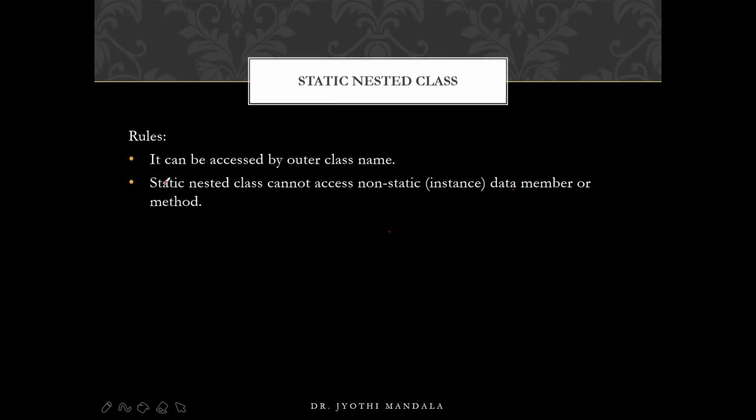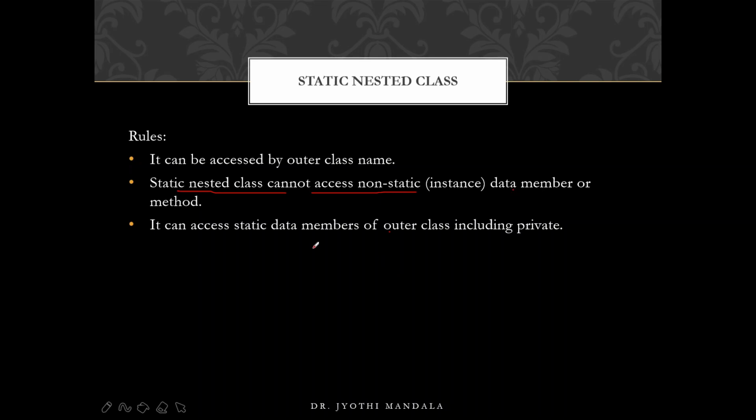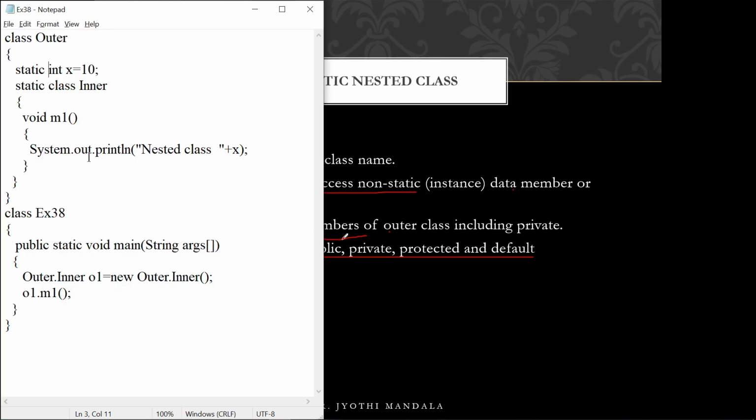Right? So that is the second rule. A static nested class cannot access non-static instance variables or methods of your outer class. That means it can access only static members of your outer class. And one more thing, a static inner class can be public, private, protected and default. I have not used any keyword here.